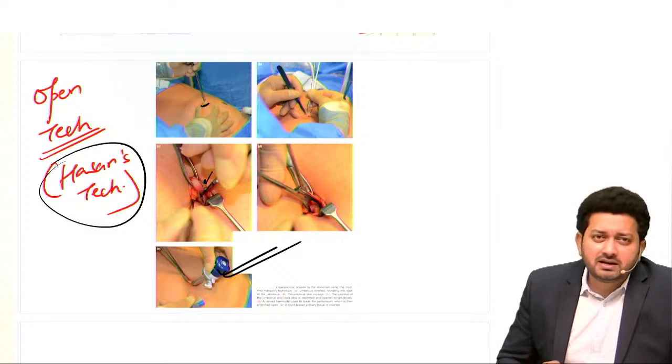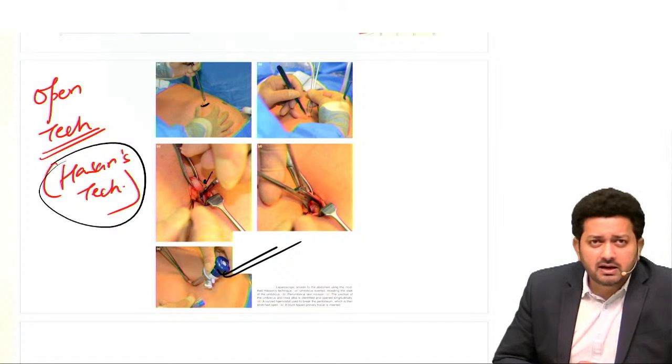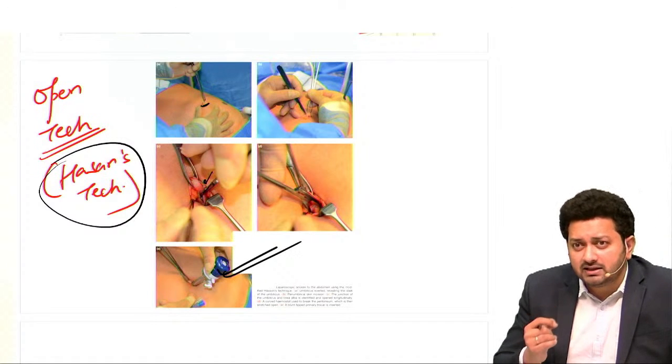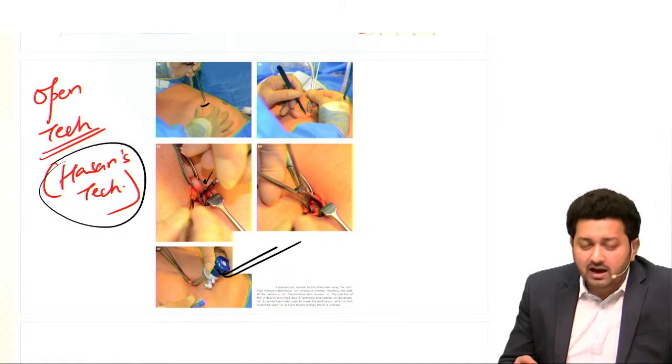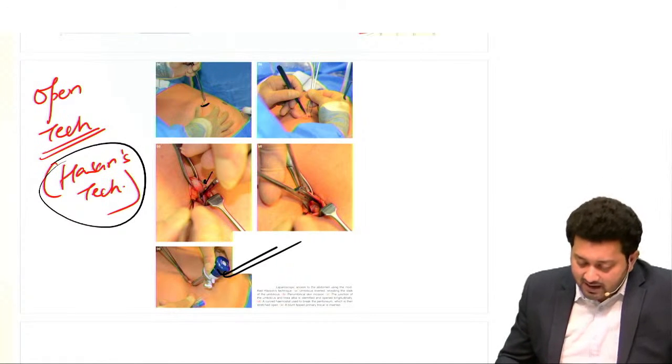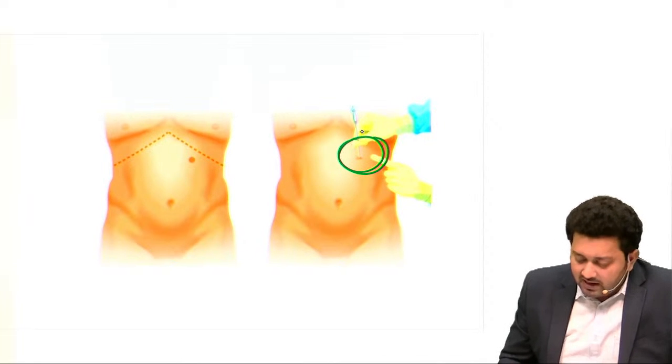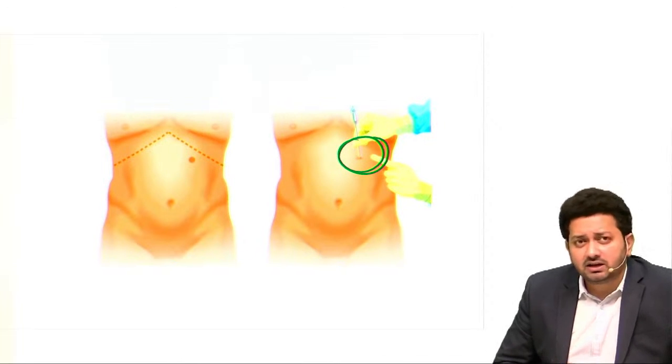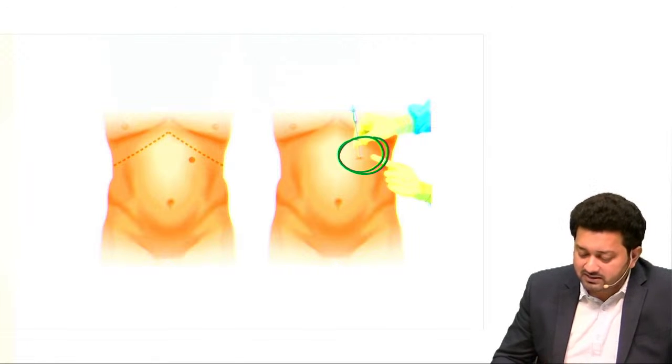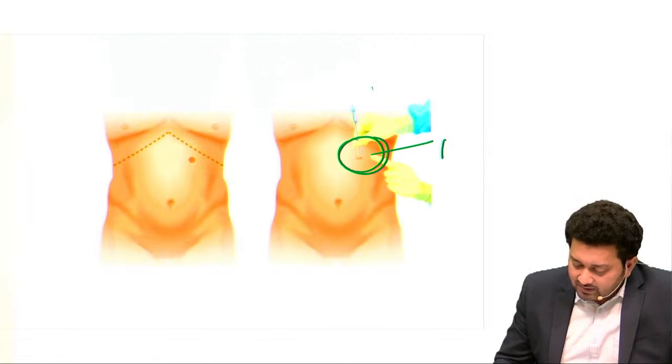But suppose somebody says, no, I don't want to go with the open technique. Just tell me if there is any other site from where I can put the Veress needle. Then that site is this area: left upper quadrant, just one finger breadth below the costal margin in the midclavicular line.